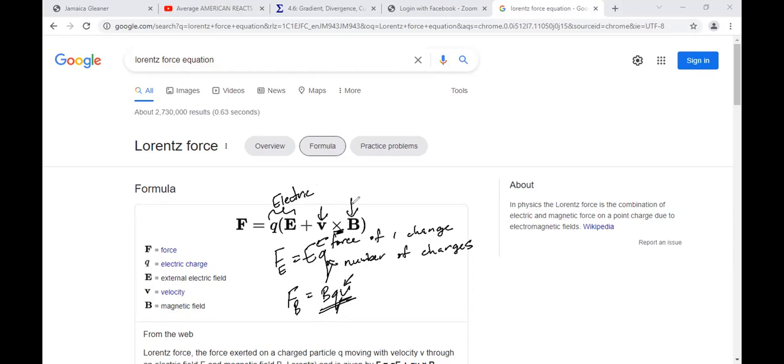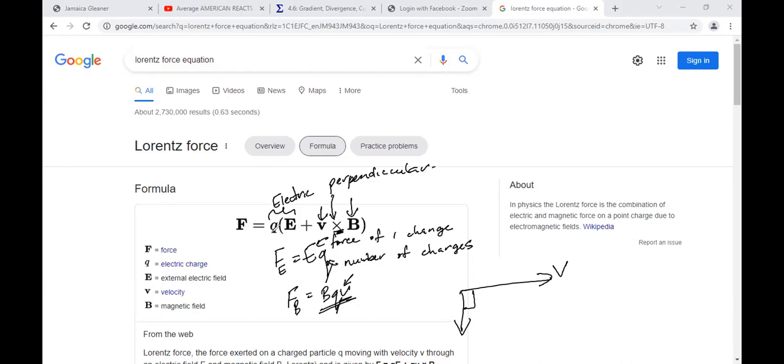And the cross product tells you that it is perpendicular to the direction the charge is moving, with a velocity v, and the force is perpendicular. So it's v cross B, which gives you a vector that is perpendicular.